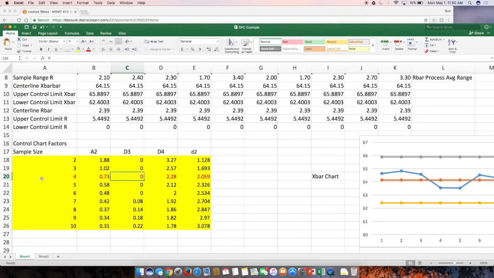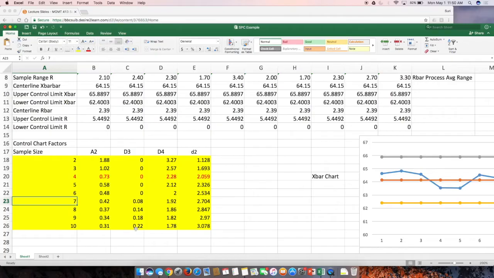Why is the lower limit arbitrarily 0? No matter the range value, no matter the R bar, the lower limit is automatically 0 up until a certain sample size. If you notice, sample size of 2, 3, 4, 5, 6 is 0, and then it starts to pick up. What's the purpose, you think?